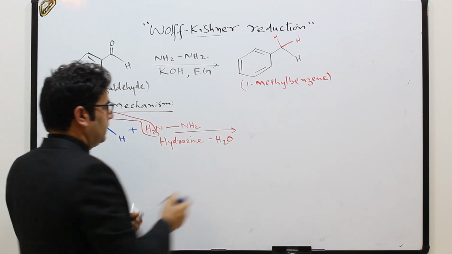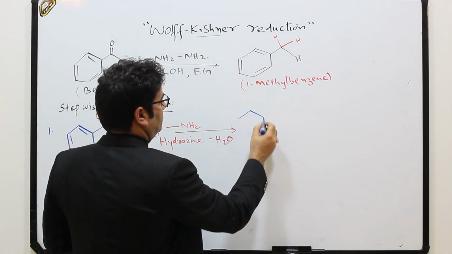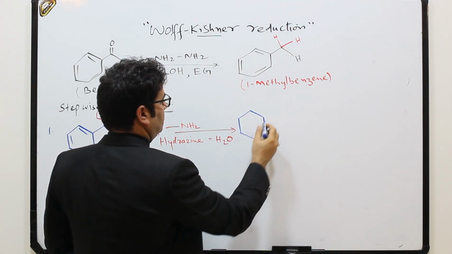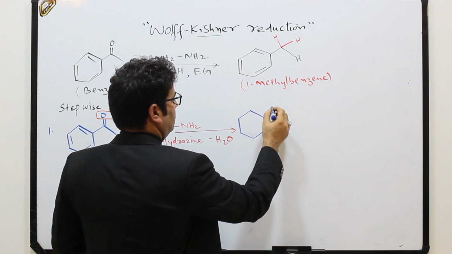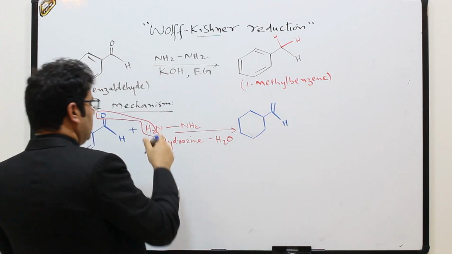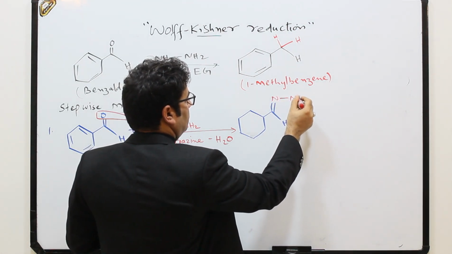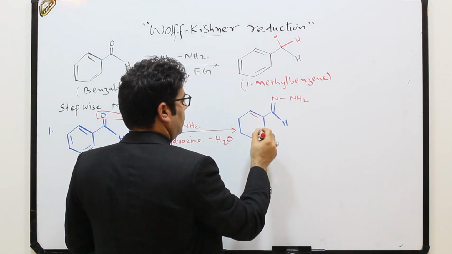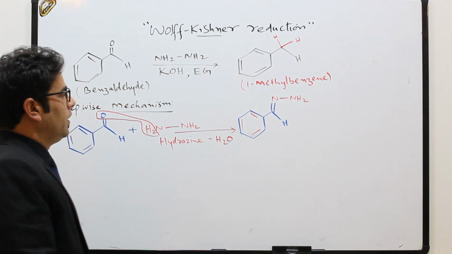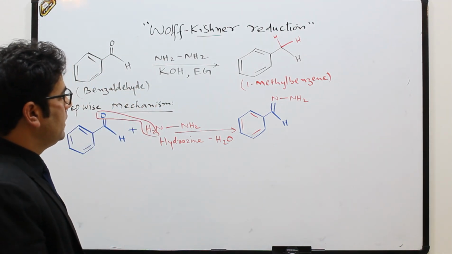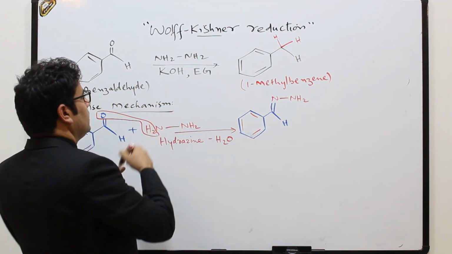The result will be a double bond with N and H2. Now after this step there is an attack of this base KOH.